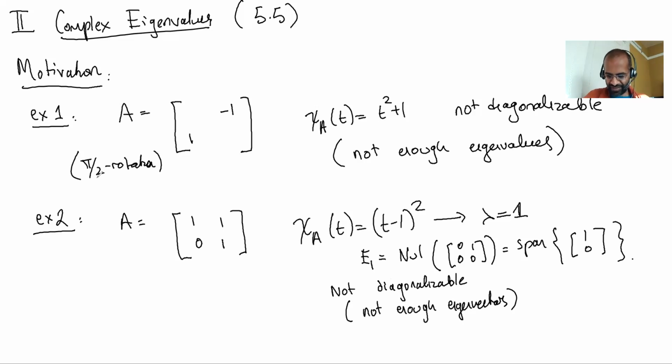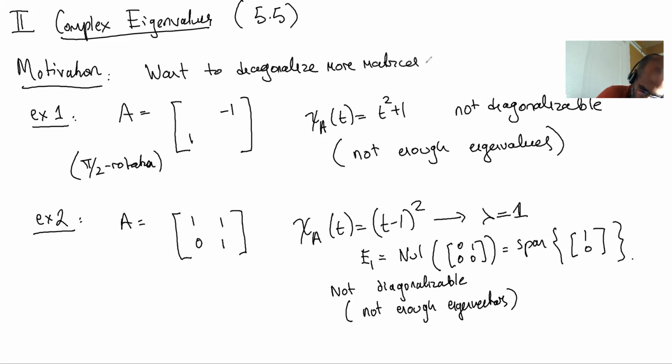So with complex eigenvalues, what we're going to see is that there is a way to expand our notion of eigenvalues and even just of linear algebra to be able to diagonalize example 1. So we want to diagonalize more matrices, such as example 1.